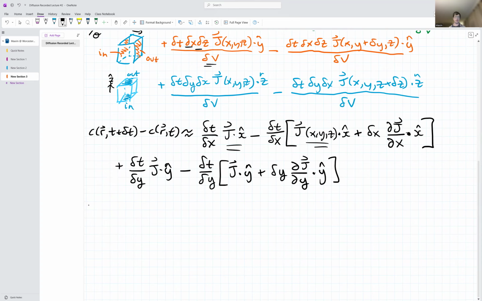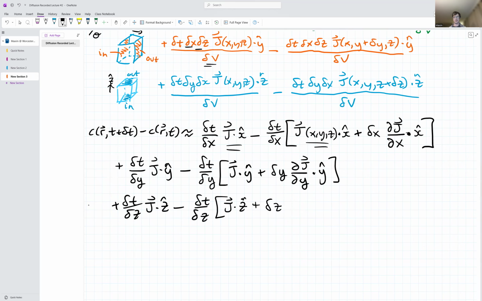And finally, you have delta t over delta z, j dot z hat, minus delta t over delta z, j dot z hat plus delta z times dj/dz dotted into z hat. All right. So that is all the terms.